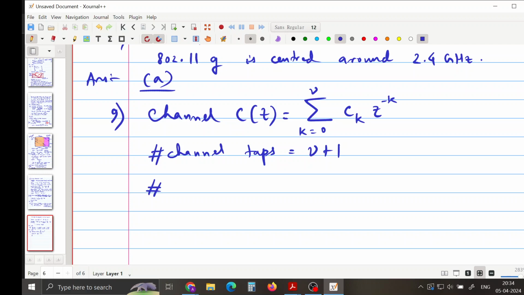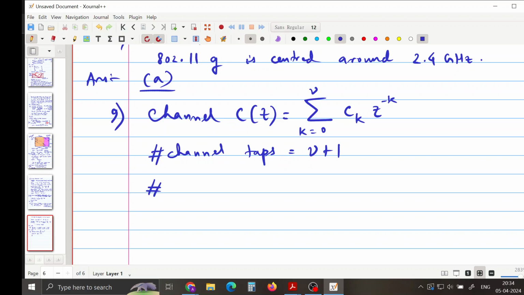Those delay components arise because of the multipaths, basically the reflected paths and the non-line of sight components. So those will contribute to your ISI.